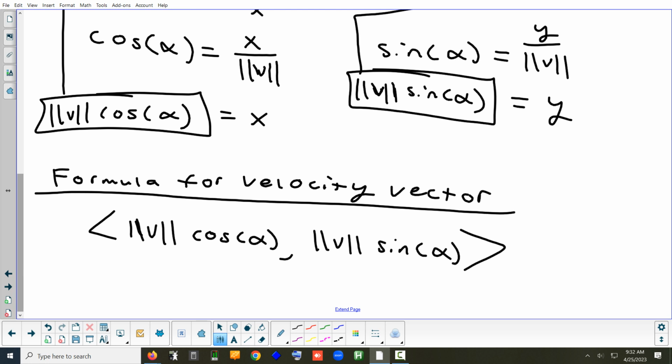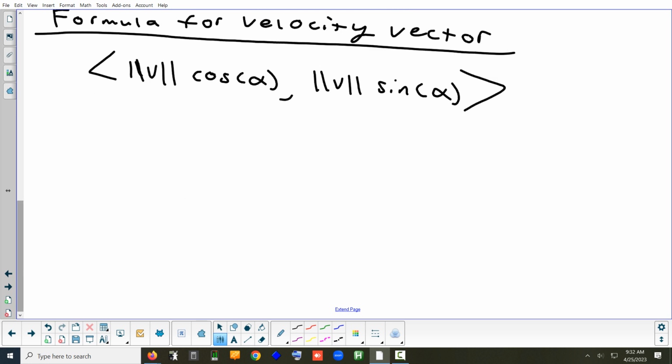So that's one way. Or, if you want to do it with the i's and j's, just get rid of the angle brackets, take out the comma, put an i after the first one, put a j after the second one. So magnitude V cosine alpha with an i, and then magnitude V sine alpha with a j.